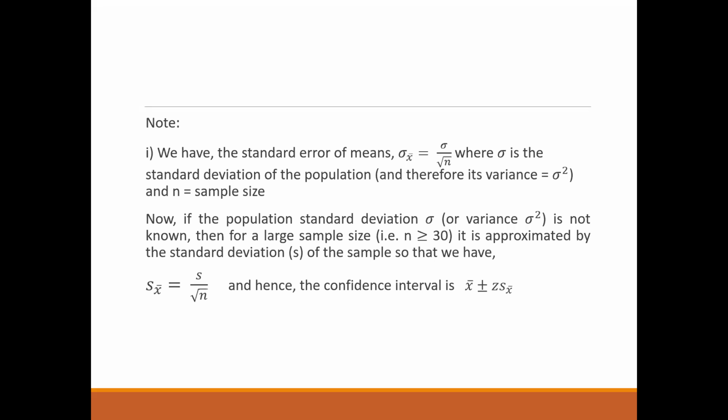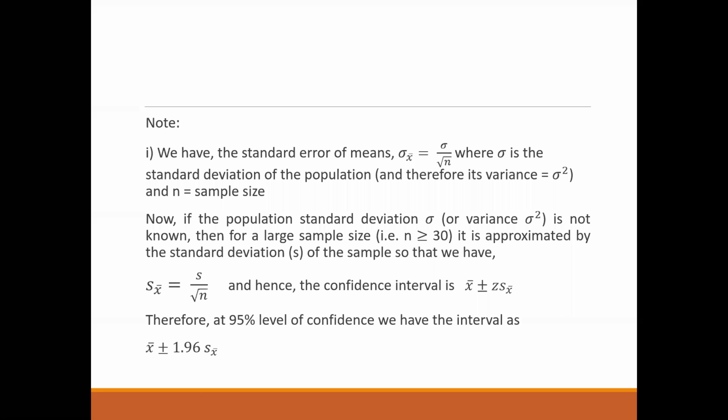So it will be x bar plus minus z s x bar. Clear? And if I say it is at 95 percent level of confidence, then this can be represented as x bar plus minus 1.96 s x bar. Okay, that will be like this. Clear?